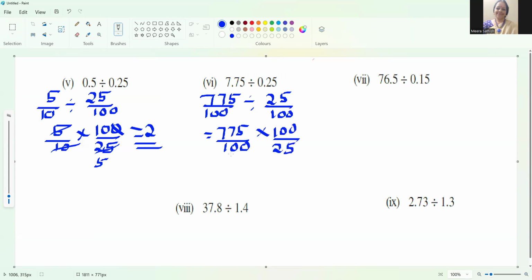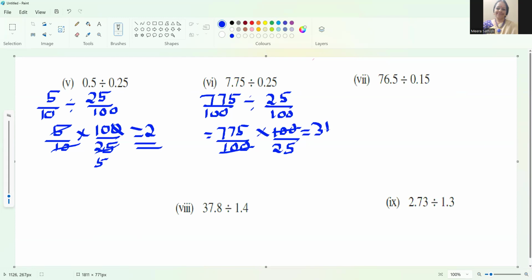So both the 100 you can cancel. Now 775 divided by 25 on dividing. 25 into 77, 3 times, 75. So 2 remainder, 25 one time.